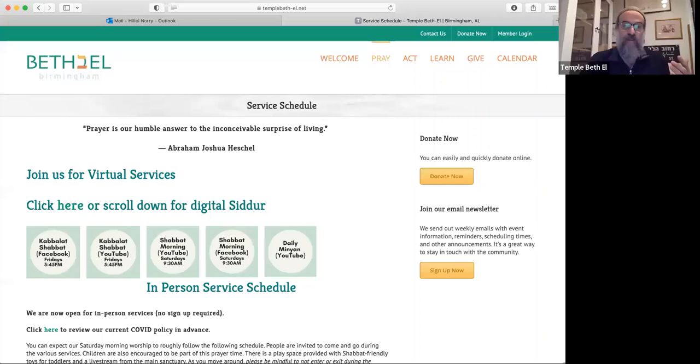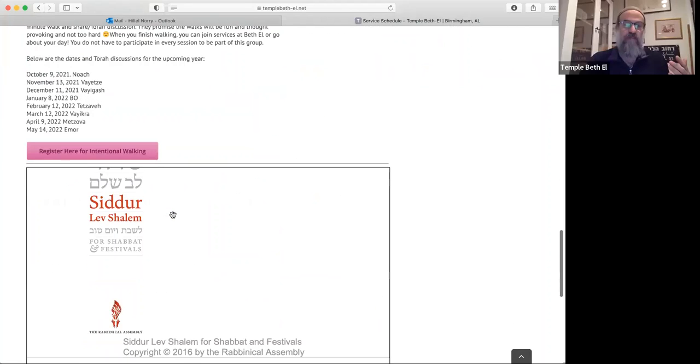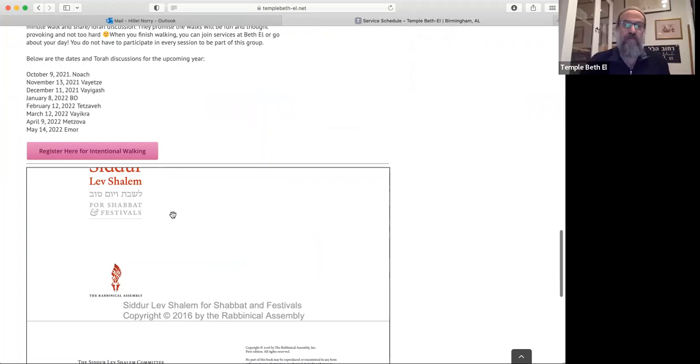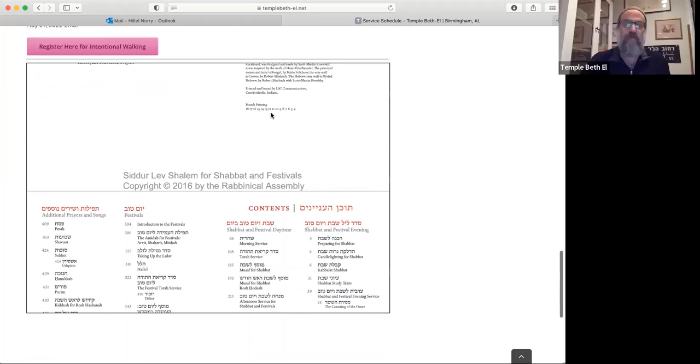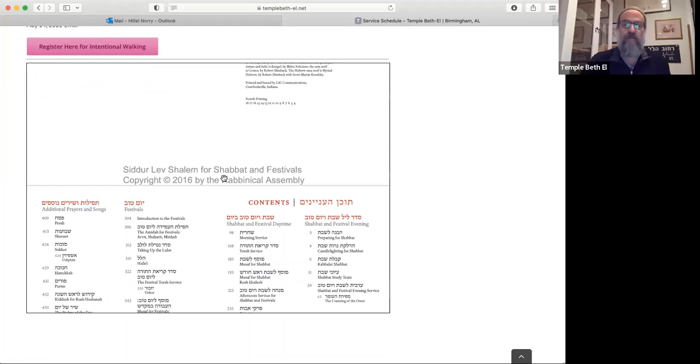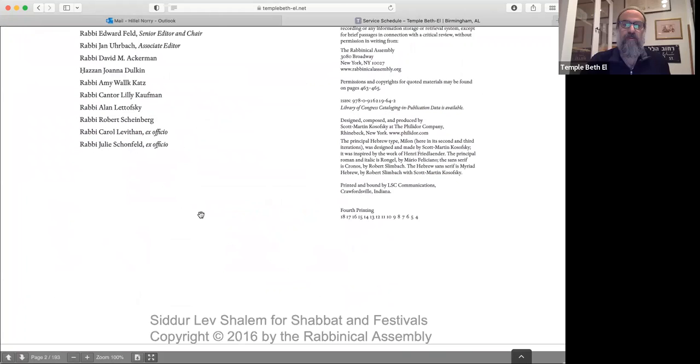And then we, of course, have the Ve'ahavta, that first paragraph. If you have the Siddur, we're on page 155. I will share it on the screen here. You know that this is on our website, that you can go to the website and find the Siddur Lev Shalem right here. There we go.